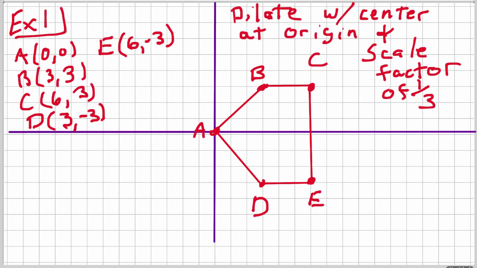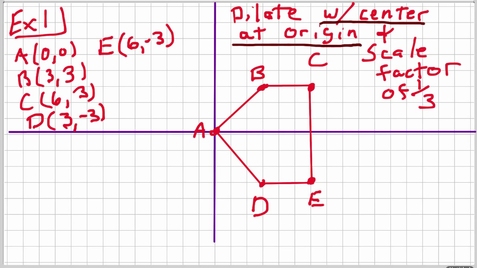Right here we have a pentagon, and I already have the points labeled A, B, C, D, E. And what we're going to do is dilate this pentagon with the center at the origin. Now, guys, most of these dilations will be a dilation with the center at the origin. Okay, will it always be that? No. In most cases, it is.